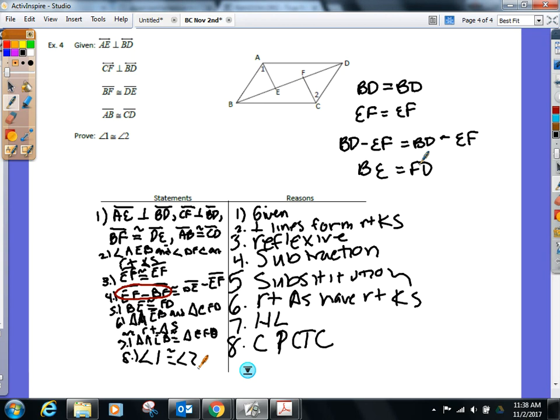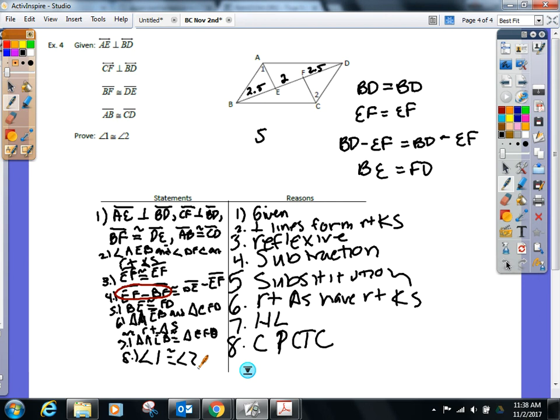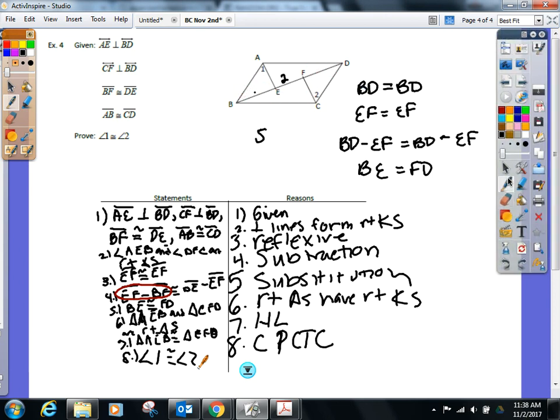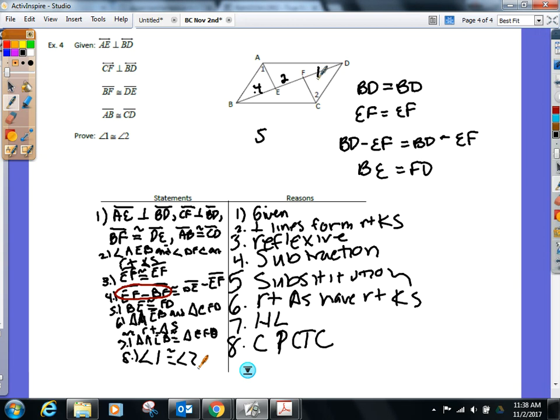If BD is 7, EF is 2, I take away that, how much is left? 5. Everyone agrees? I have 5. Is that necessarily saying that's 2.5 and that's 2.5? No, it could be. It could easily be 4 and 1. Could easily be 3 and 2.